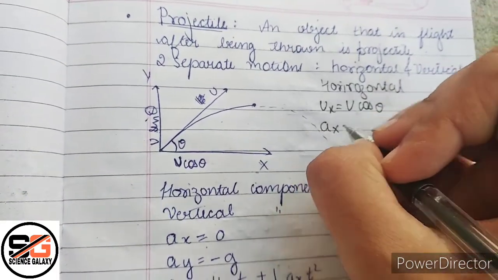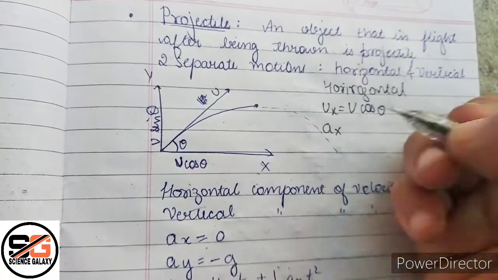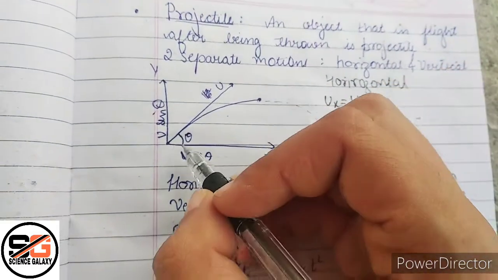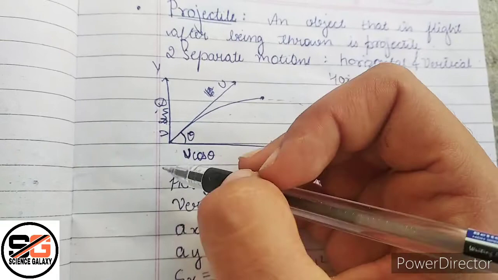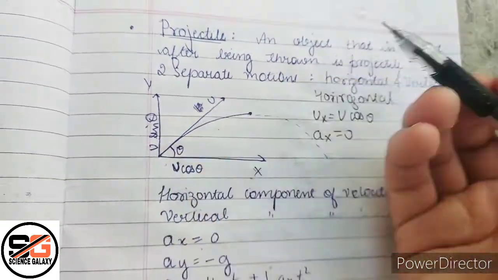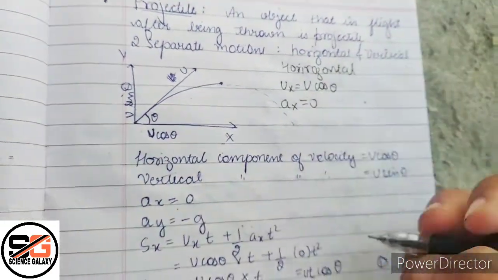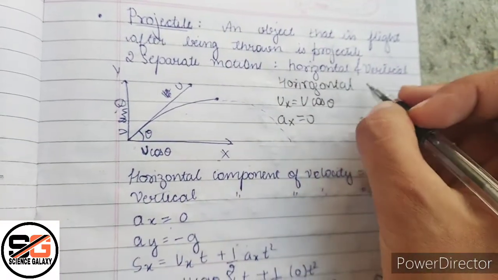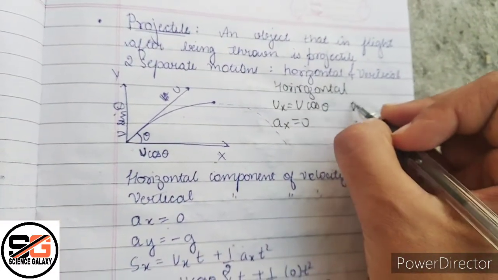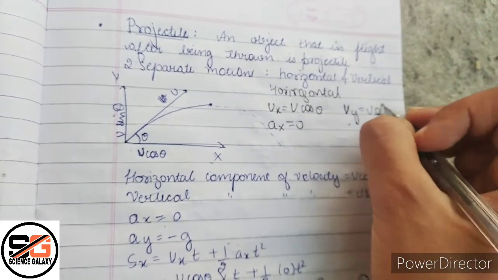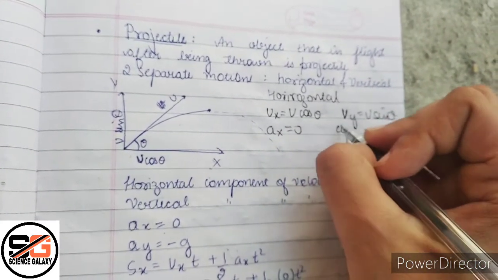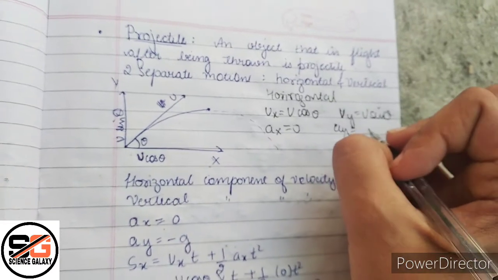The acceleration in the x direction, ax, is 0. There is no acceleration in the x direction. Acceleration is only in the y direction due to gravity. Vertically we have uy equal to u sin theta and ay equal to the gravitational acceleration.